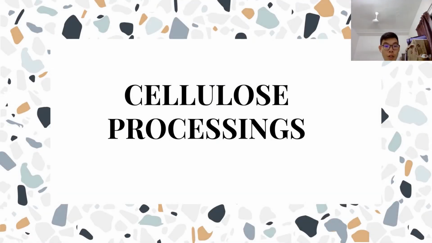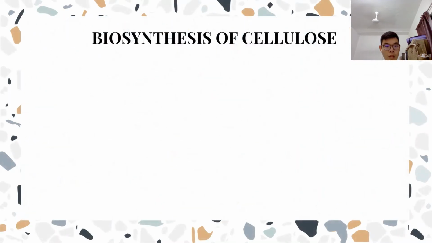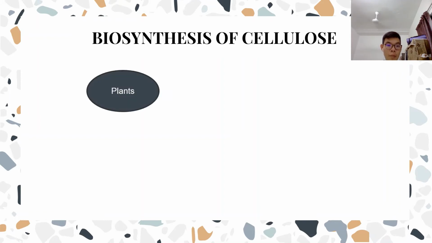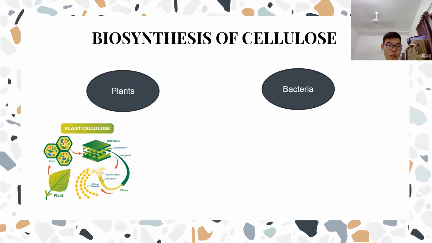So now I will continue on cellulose processing. The cellulose can be synthesized biologically through plants or bacteria. In plants, cellulose can be found abundantly in the cell wall.